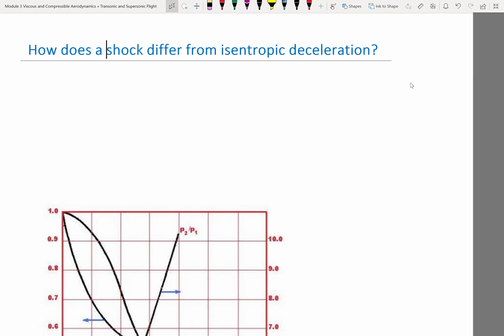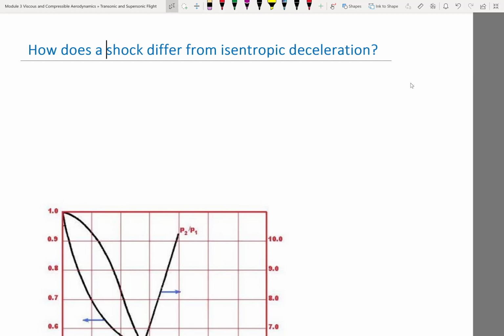Okay, so the first thing is that we started looking at a shockwave at the last lecture, right? And the shockwave decelerates the flow from supersonic flow back to subsonic flow. But a shockwave does so in a way that is very different from an isentropic process.